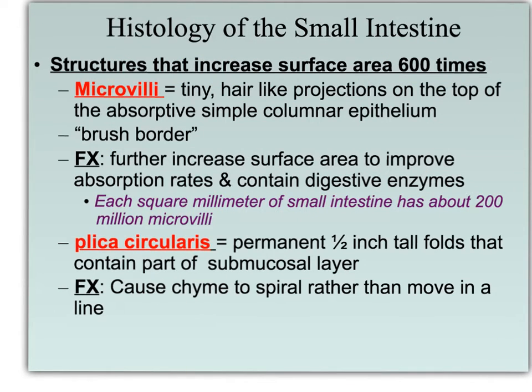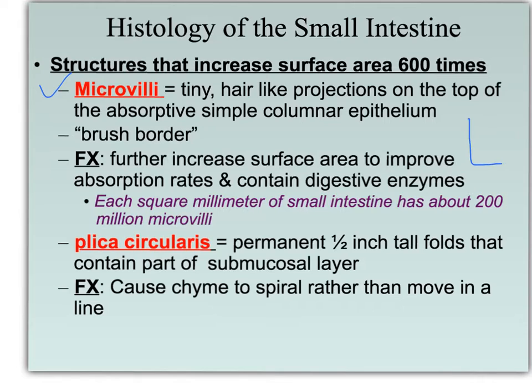The other structures that allow the surface area to be increased significantly are called microvilli. And microvilli are tiny projections on the cell membrane of the simple columnar epithelial tissue that, again, further increase the surface area.